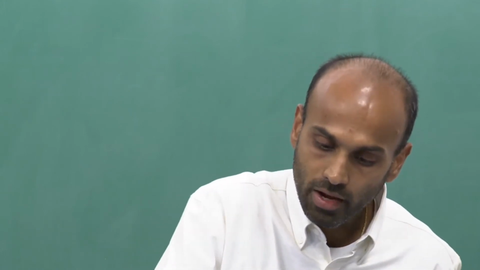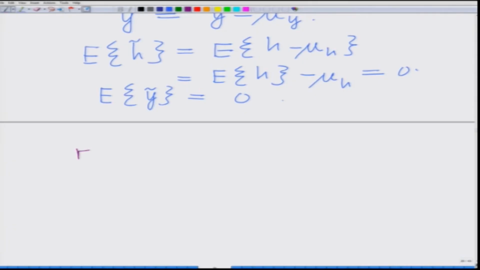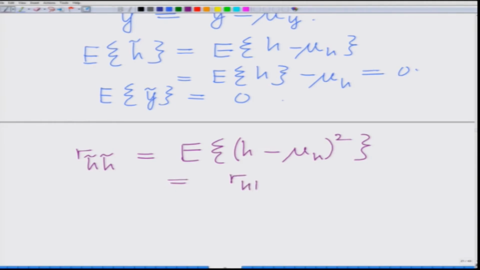So, now I need r of h tilde, which is expected value of h minus mu h whole square, which is nothing but the variance of the parameter h. This is r h comma h.